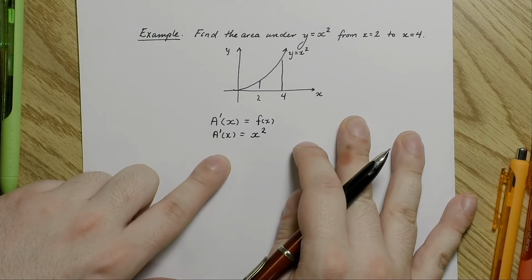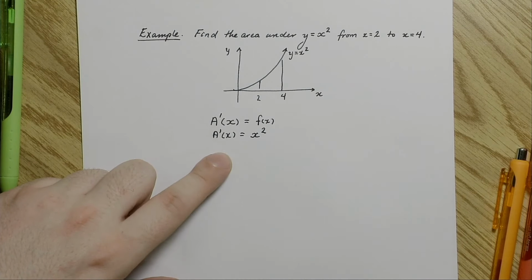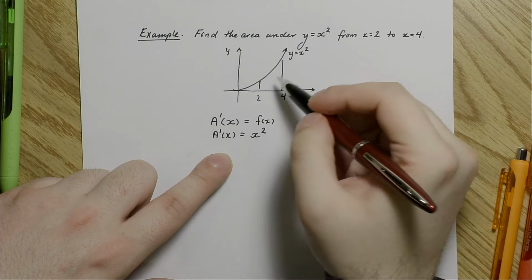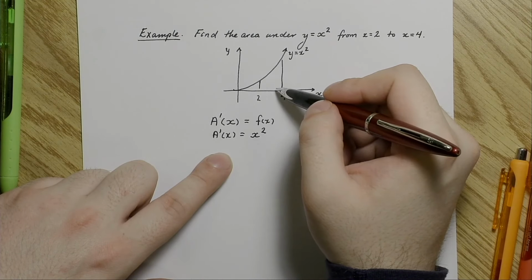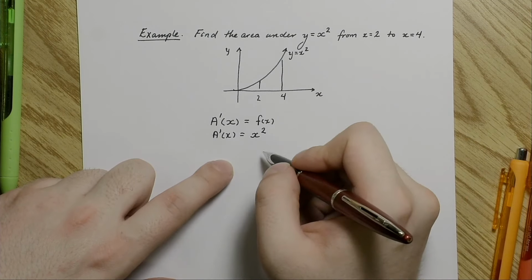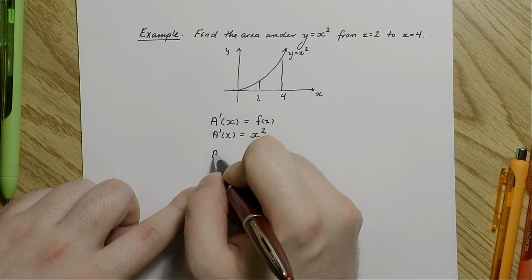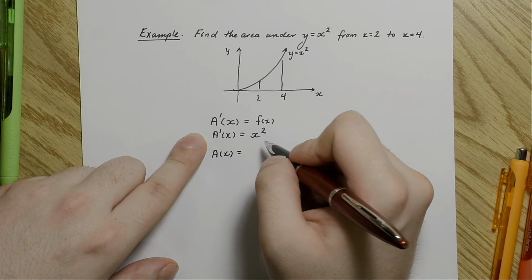Now we need to figure out what will give us this. Basically, if we differentiate this function, say A of x, what gives us A prime?